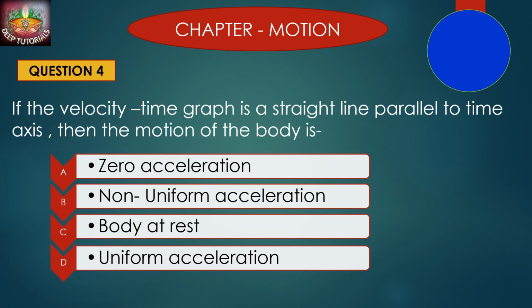Here comes the question number 4. If the velocity time graph is a straight line parallel to time axis, then the motion of the body is, your options are 0 acceleration, non-uniform acceleration, body at rest, or uniform acceleration.